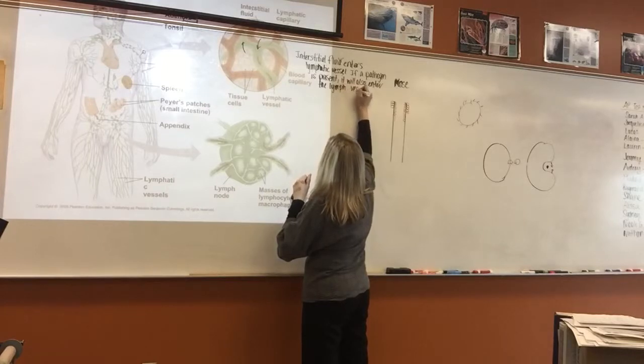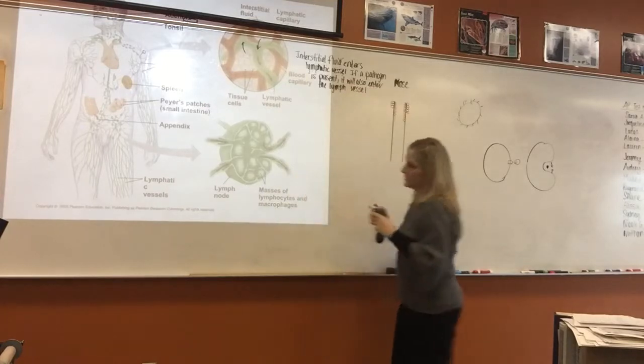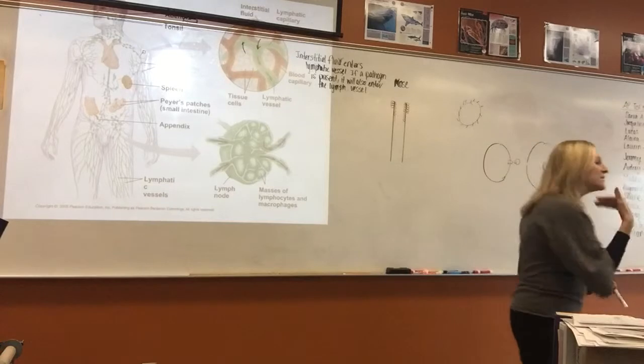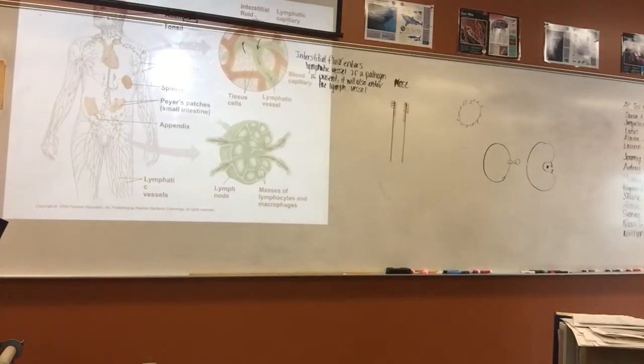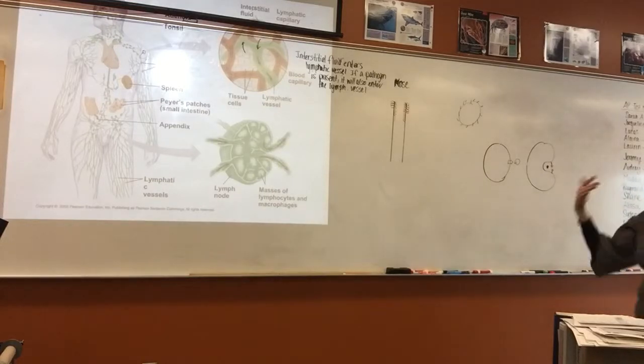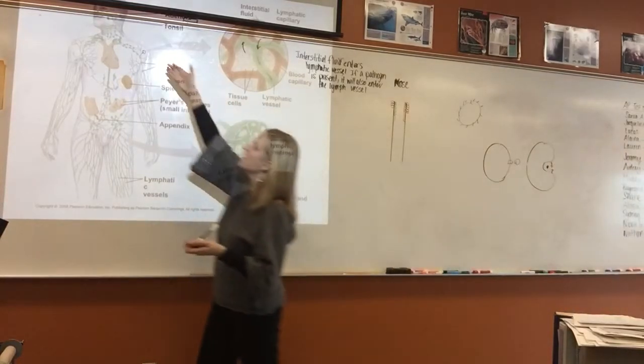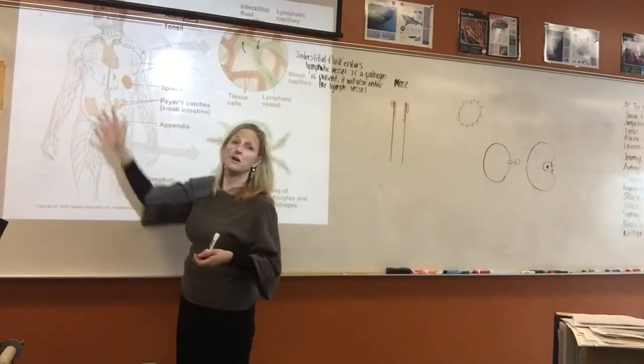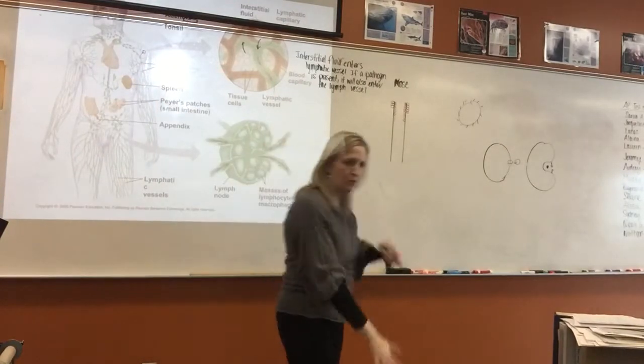I'm just going to abbreviate here. So now it's part of this lymph, which is the fluid inside your lymphatic vessel. But the thing is, once that pathogen gets inside, guess what? That lymphatic vessel is connected to all the other vessels that flow throughout your body. So it can move throughout your body.